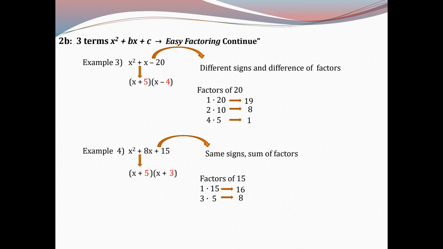I want to find two numbers that, when I multiply them together, give me this 20. So I first get the factors of 20: 1 and 20, 2 and 10, 4 and 5. But which of these two numbers, when I add them together, will give me a 1, right? And because they're different signs, it's a subtraction with the signs, so it's just 4 and 5.